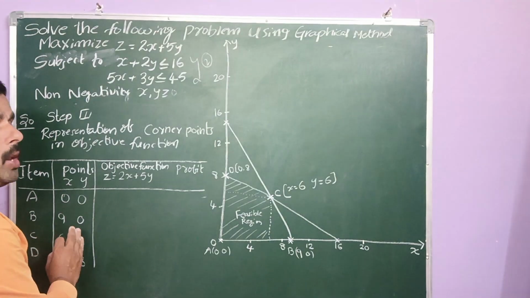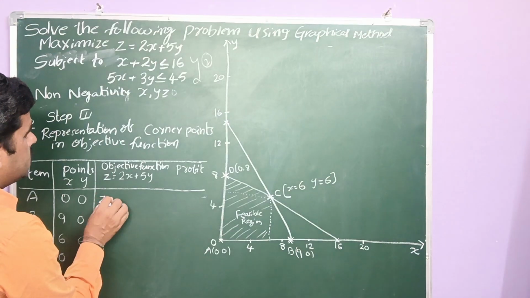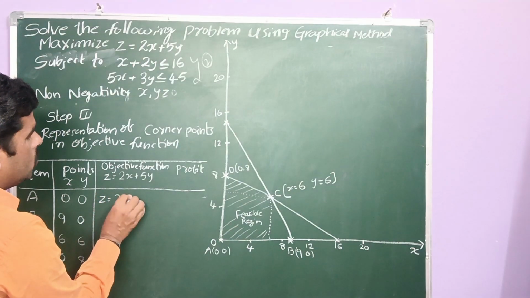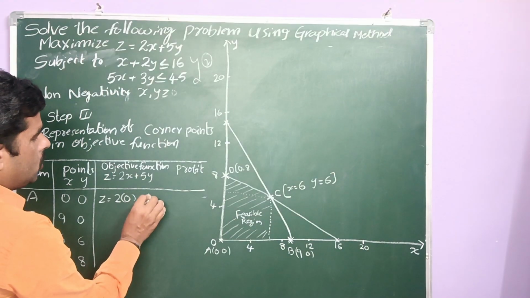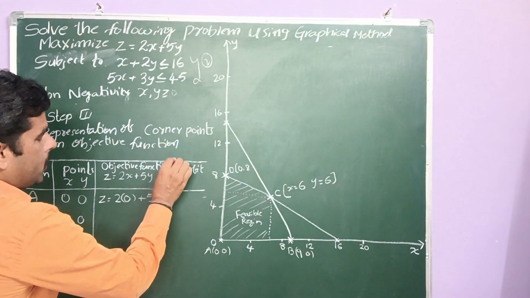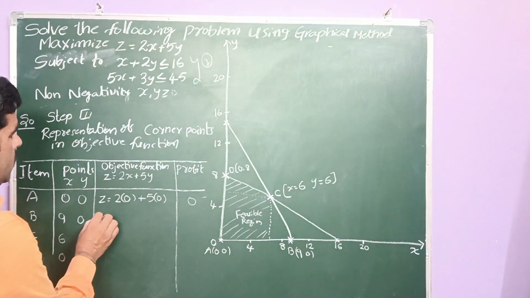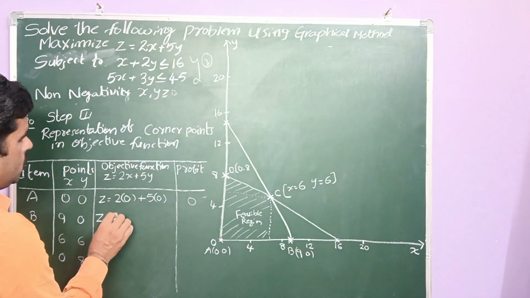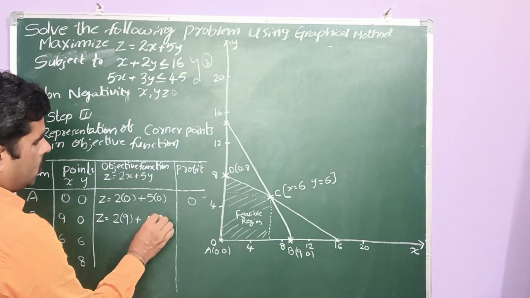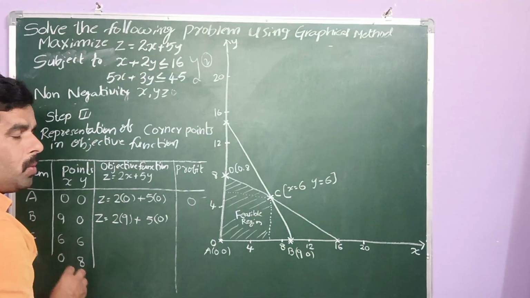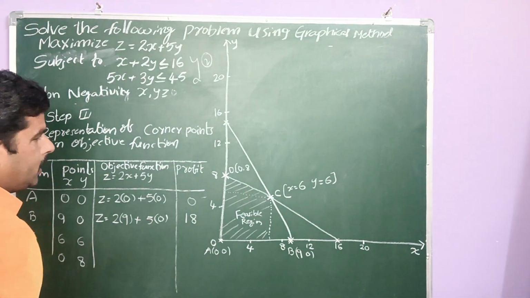Okay, these values we have to substitute in the objective function. The first one is z is equal to 2 into 0 plus 5 into 0. The x value is 0, so the profit is 0. The next one is z is equal to 2 into 9 plus 5 into 0. 2 nines are how much, my dear students? Yes, 2 nines are 18.